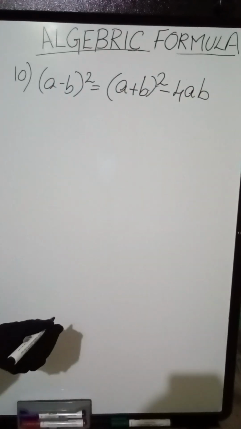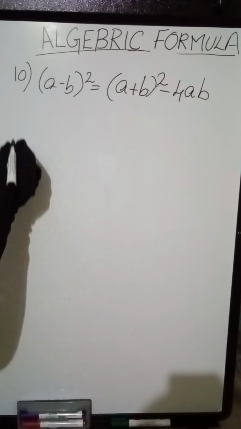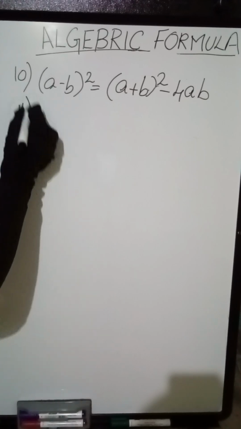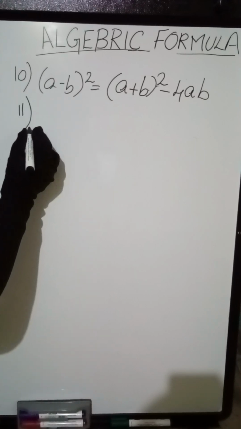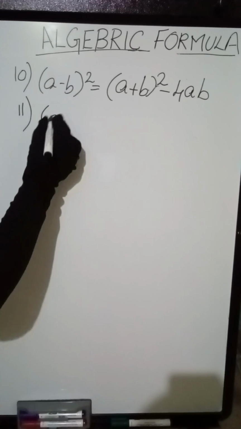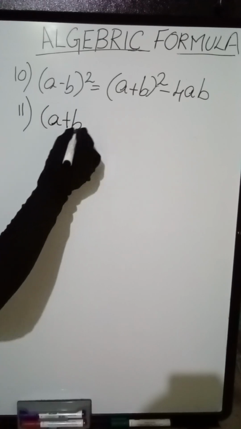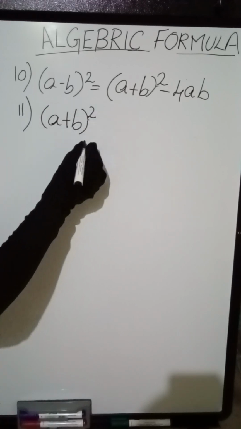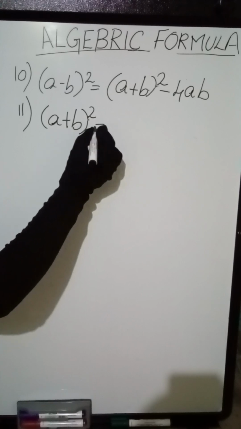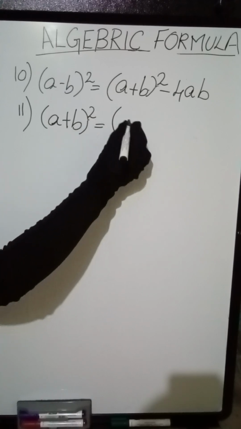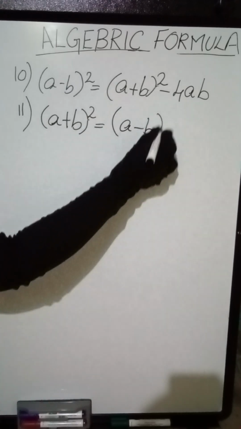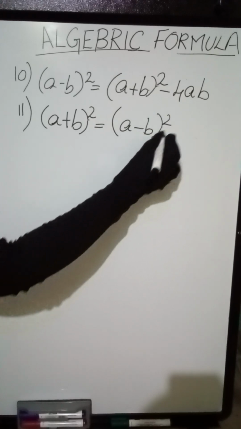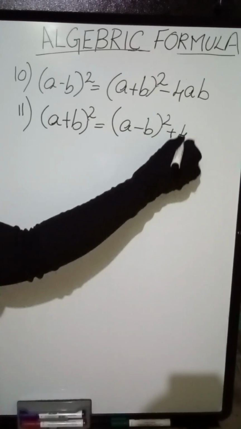Next, 11th one, we can also write a plus b the whole square, which can be also written as a minus b the whole square plus 4ab.